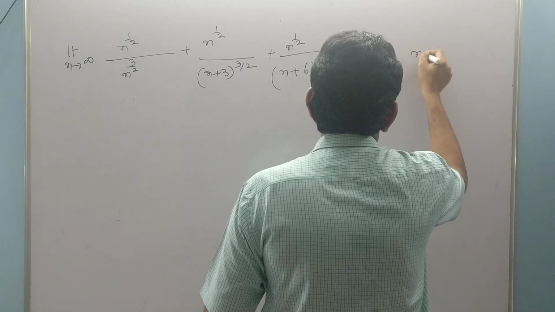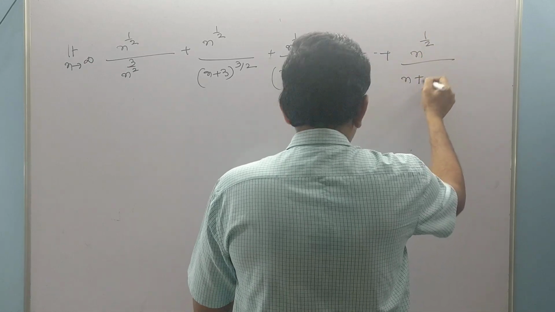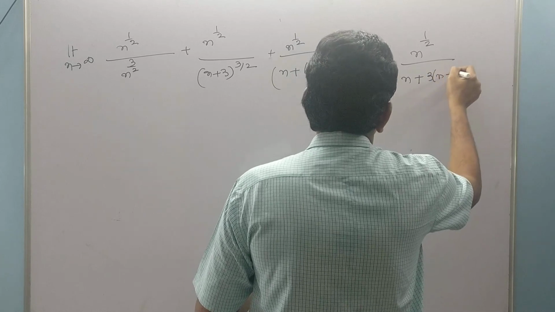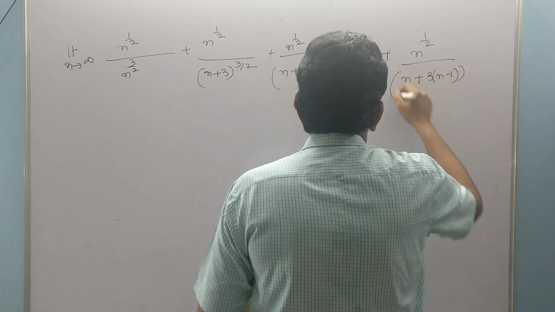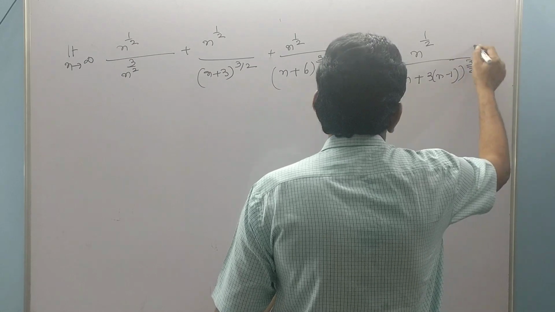The last term is n power 1 by 2 by n plus 3 into n minus 1 whole power 3 by 2.